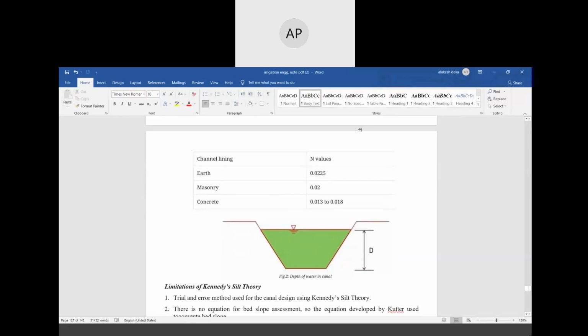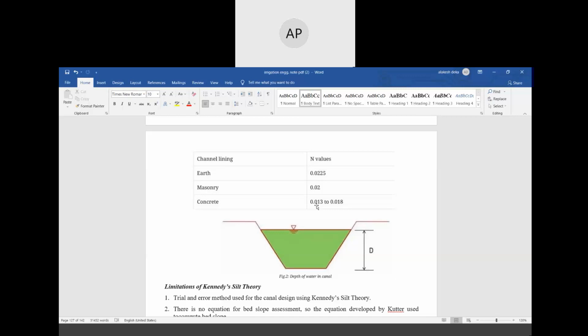So for canal lining, if it is earth, the value is 0.0225. For masonry, it is 0.02. For concrete, it is 0.013 to 0.185. Which one is having less value among these three?